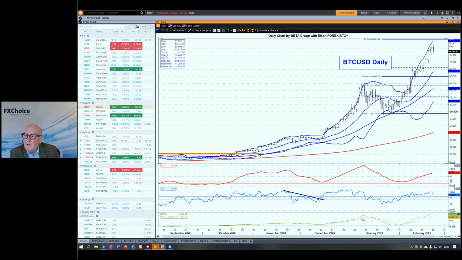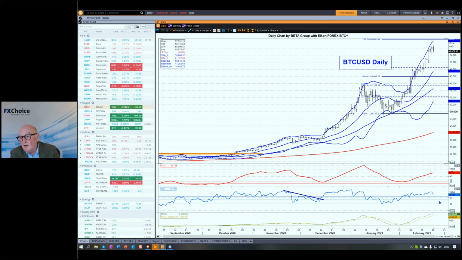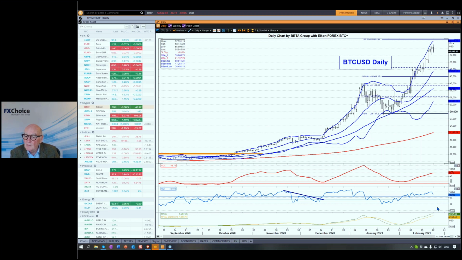The RSI is this current day today with this black candle. If it finishes like that, we've eased off a little bit, but still it hasn't broken my 65% level in my RSI to give us any sort of indication that we've got an interruption. The MACD is still positive.